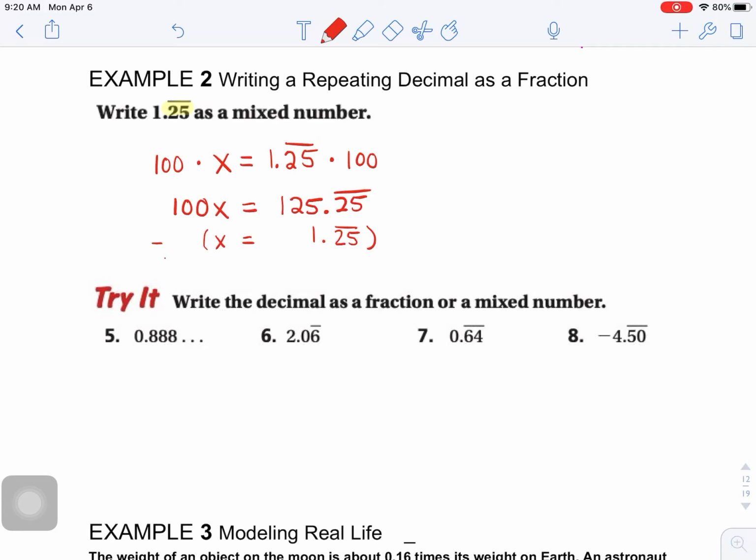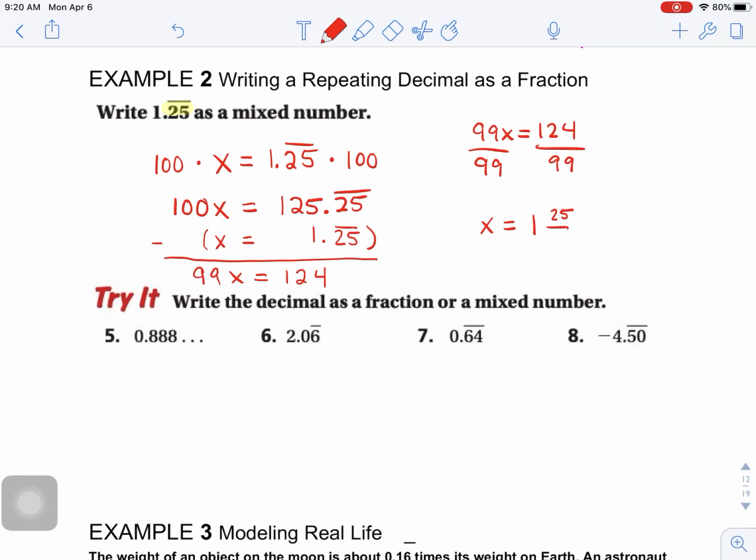When we do that, we end up with 99x equals 124. Then I divide both sides by 99 to get x equals 124 over 99, which I can change to 1 and 25 99ths.